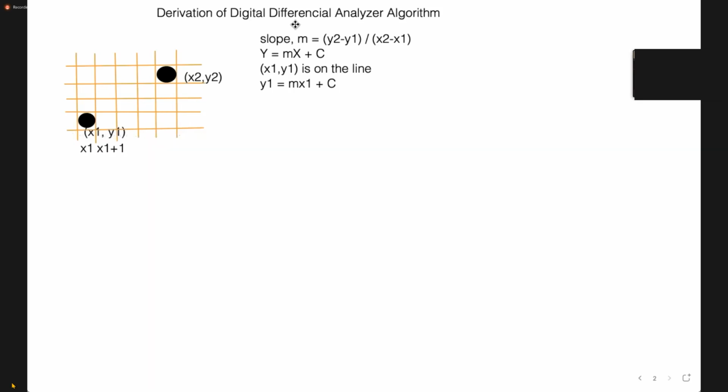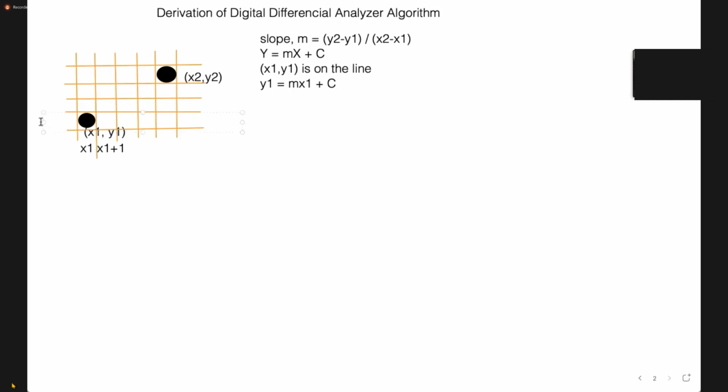Now, next box is x1 plus 1. Here also the same.